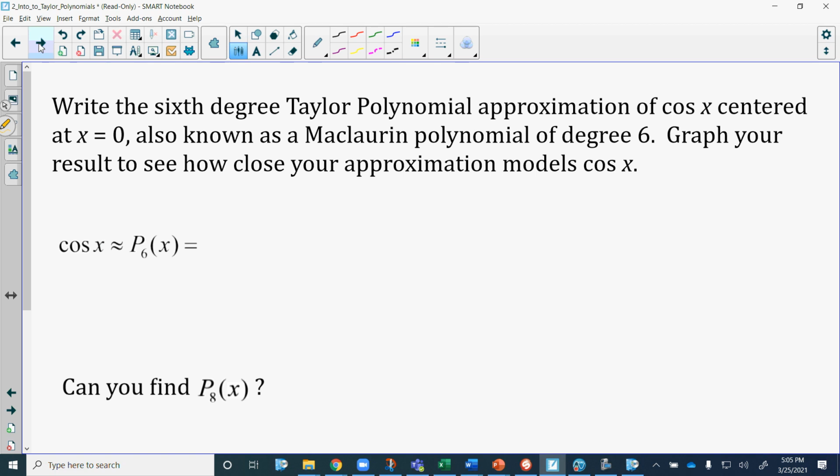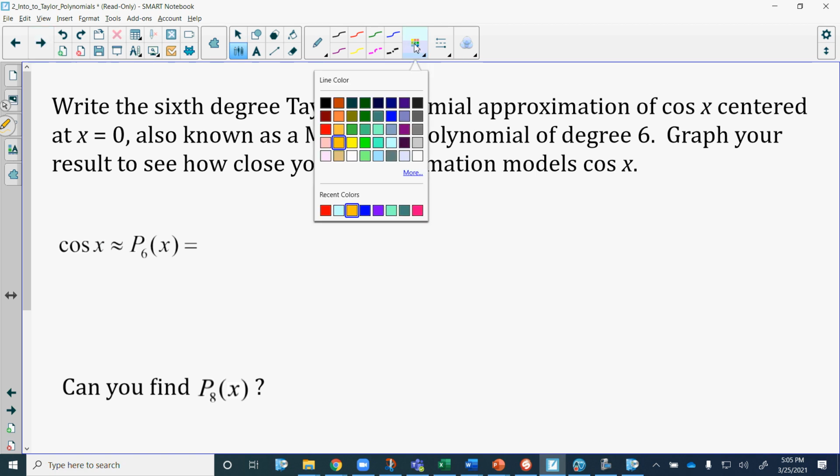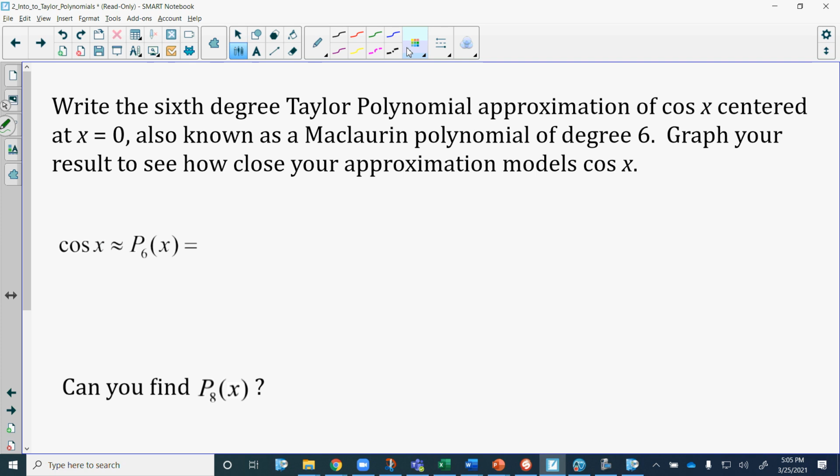So write the 6th degree Taylor polynomial, and unfortunately I couldn't fit it all on here, but we are able to take the expression 6th degree polynomial p sub 6 of x. In this case, all of the odd degreed portions of the polynomial worked out to be a 0.